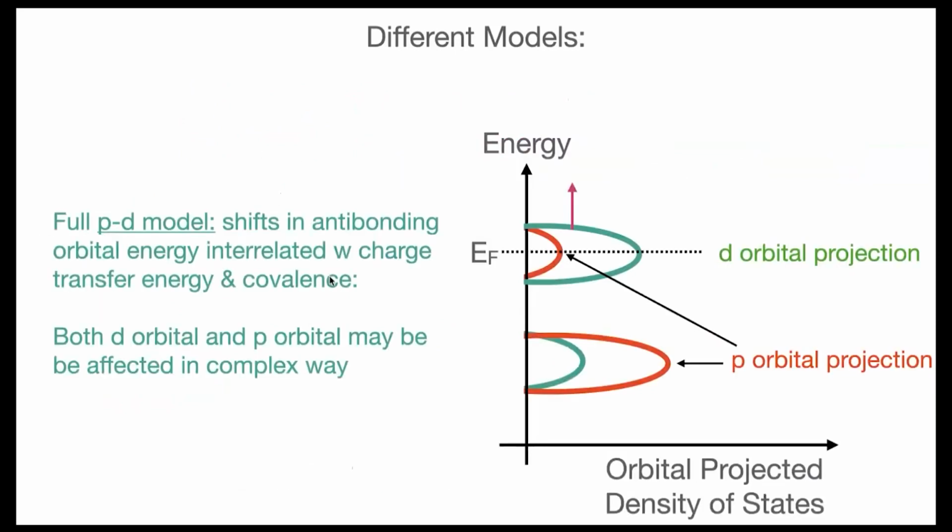This can seem like a little bit of a technical thing, but one of the interesting things is that in many materials, for example the rare earth nickelates I'll discuss later, you can actually shift the antibonding orbitals, but the number of electrons in the atomic d orbitals actually stays the same. That's because when you do that, you also shift the amount of covalence and bonding between the p and d orbitals. So this can be a more complicated picture.